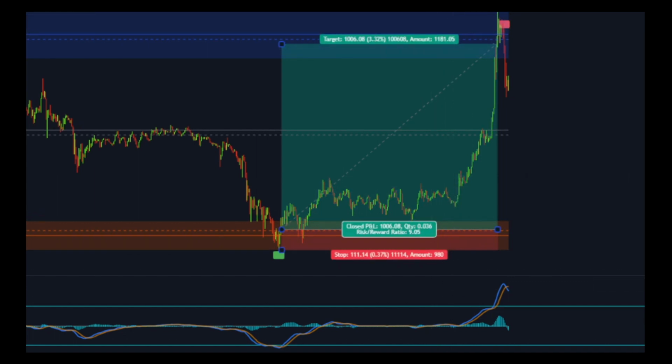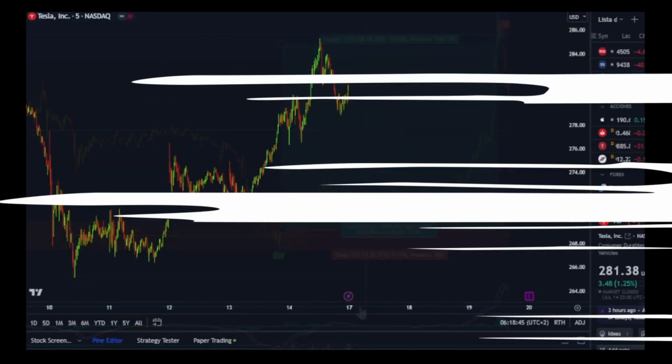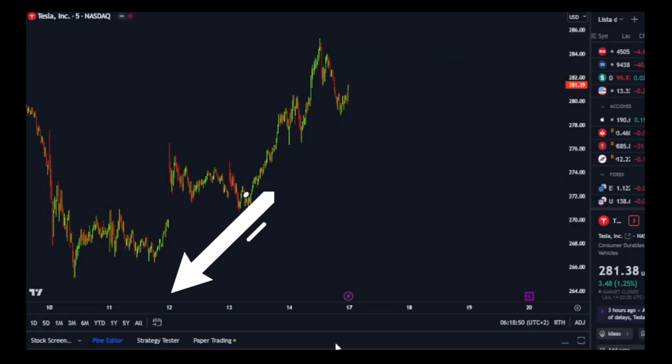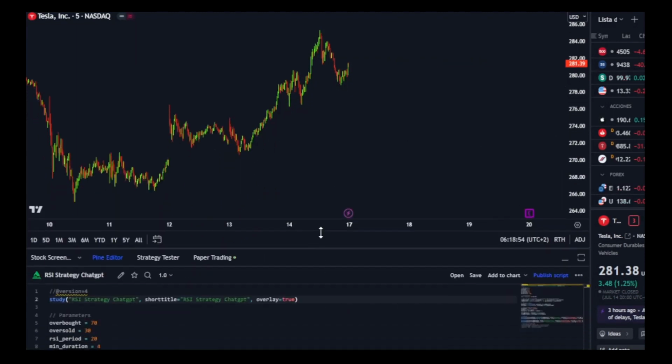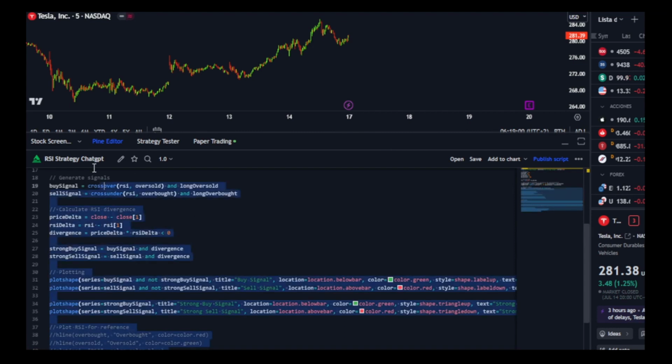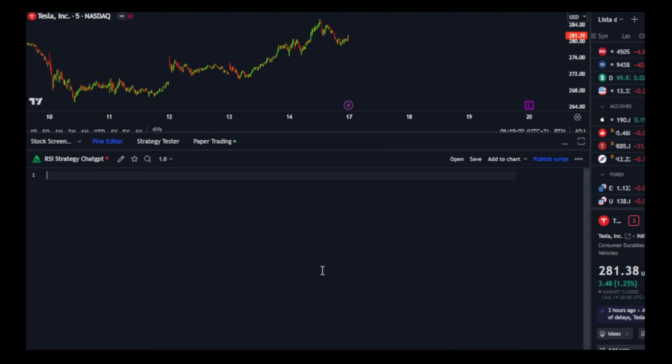Now let's see how to add the ChatGPT indicator to TradingView. On the bottom left of the chart, you have the option that says Pine Editor. We select this option, and we see that many codes appear. We are going to erase everything that is written. And we are going to paste the code that ChatGPT has given us.